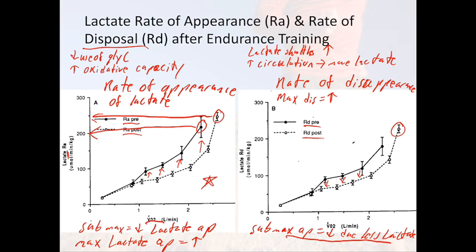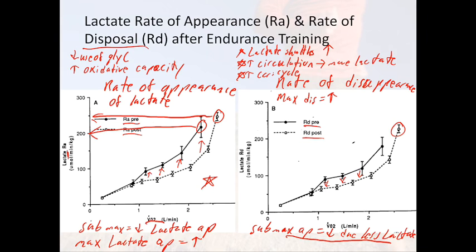So we get increased lactate shuttles, increased circulation, and increased ability of the Cori cycle. Those Cori cycle enzymes in the liver get upregulated, so we get more of those, right? So all the things that help us deal with the lactate improve. So we get less lactate submaximally appearing in the blood, less lactate disappearing submaximally, but then maximally we get more.